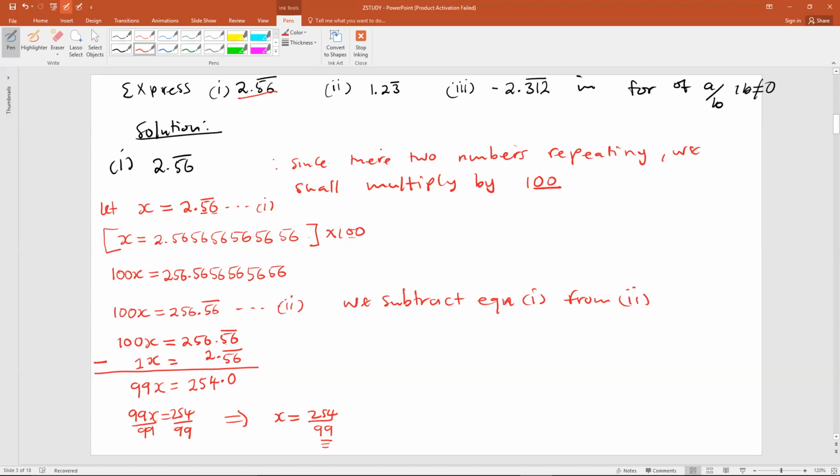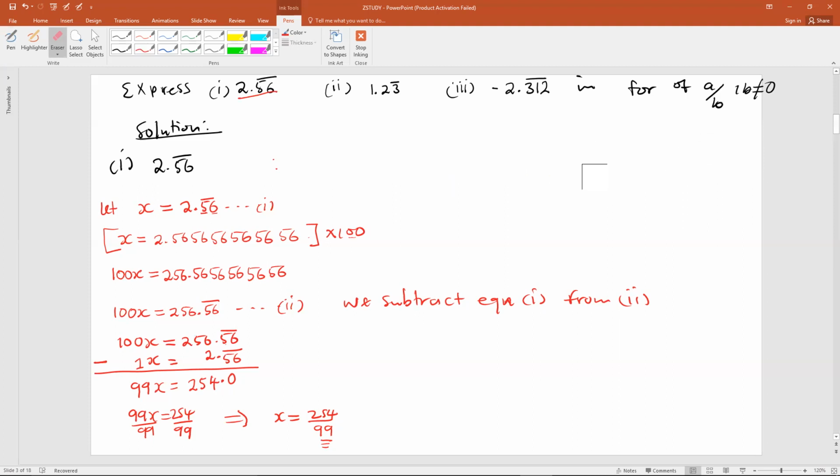So now take note. The second one is a bit different from the first one, in the sense that this other one, after the point, that's where we have the repeating decimal.